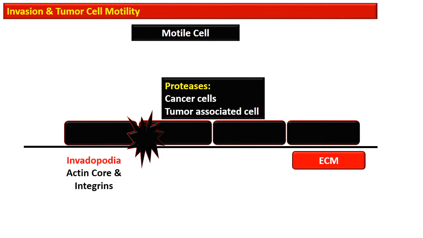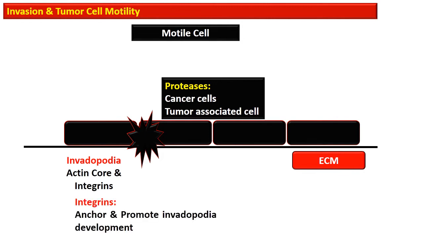The tumor cells become motile through invadopodia, and these invadopodia are basically actin cores and integrins. Through the action of the proteases, there is lysis of the basement membrane first and subsequently degradation of the extracellular matrix.